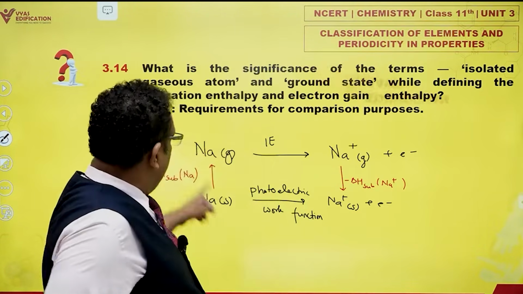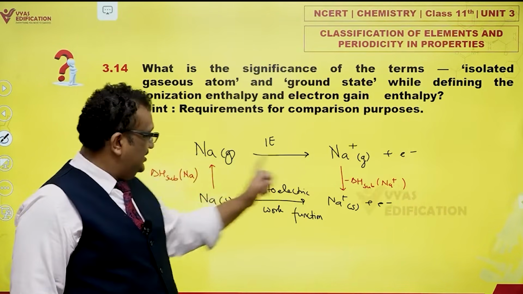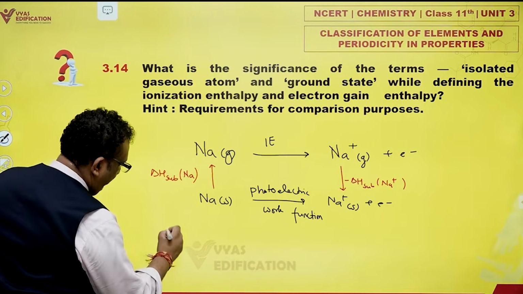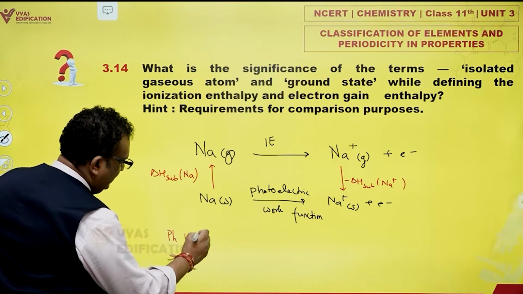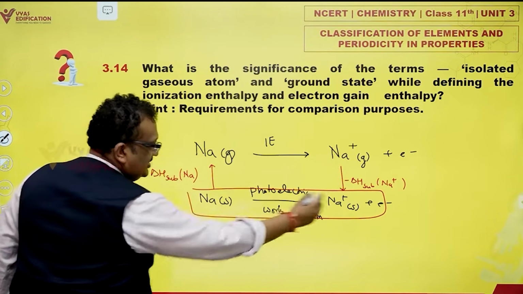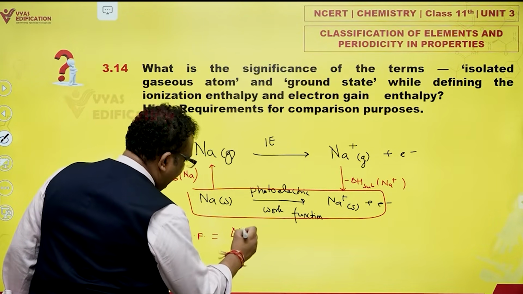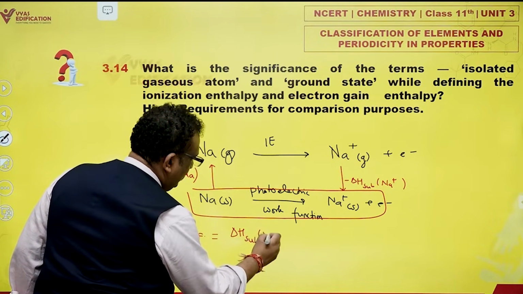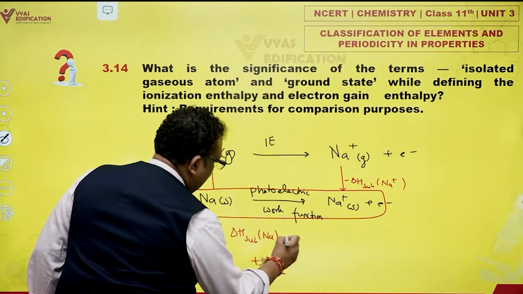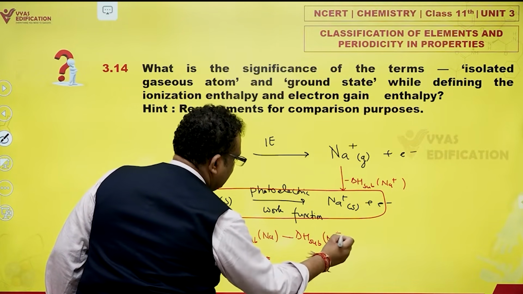Since these two energies are not the same, and this difference is not zero, the photoelectric work function, going from here to here, this is the energy change, and this would be equal to delta H sublimation of sodium plus ionization energy minus delta H sublimation of Na plus.